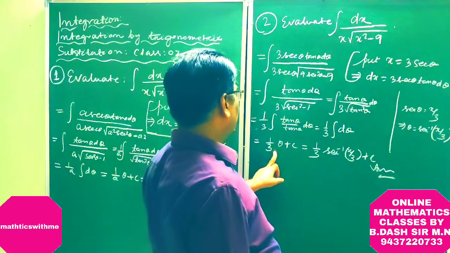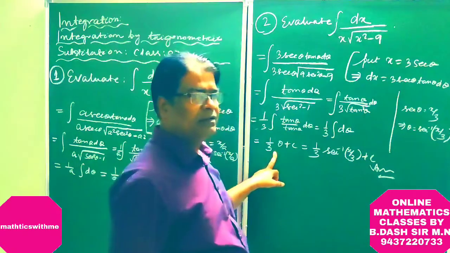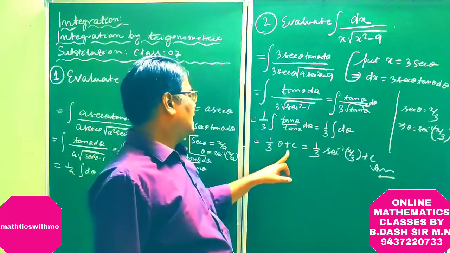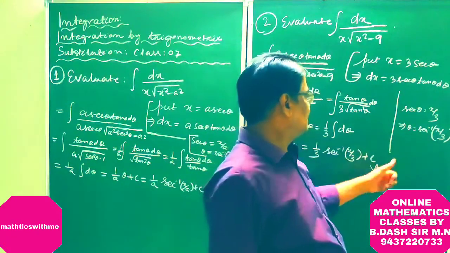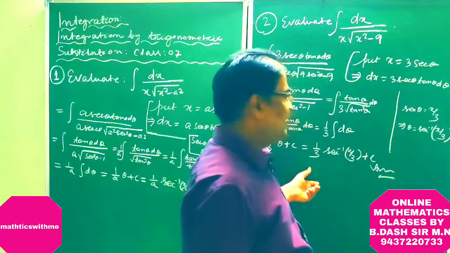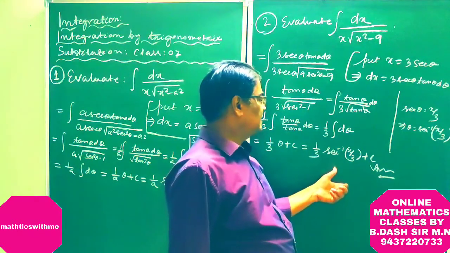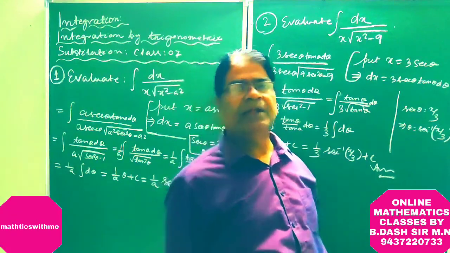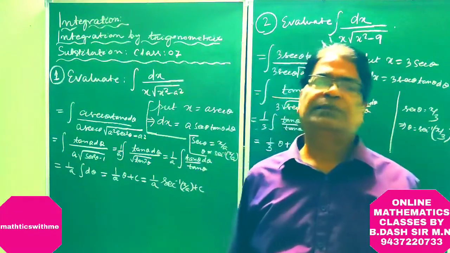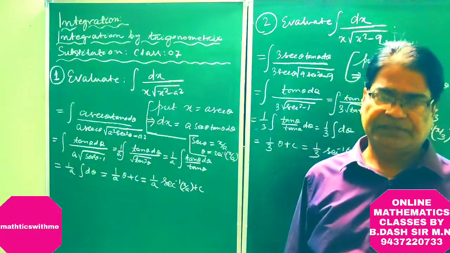So which is equal to 1 by 3 integration of d theta plus c. Now putting the value of theta, which is sec inverse x by 3, we get the final answer 1 by 3 sec inverse x by 3 plus c. So the second problem is solved. Let us proceed to solve the next question.